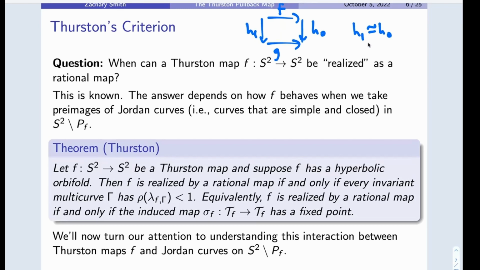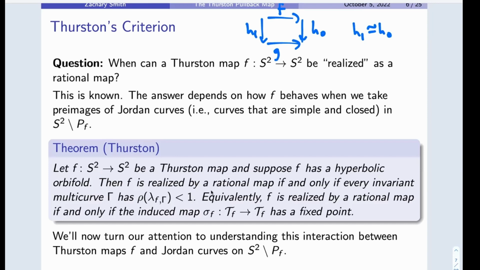All right, and it needs to have, well, this is a spectral radius, right? Or equivalently, you can think of it as some kind of eigenvalue. But you need this multiplier here to be less than 1. But we aren't going to be interested in, I guess, this statement of the theorem too much today.